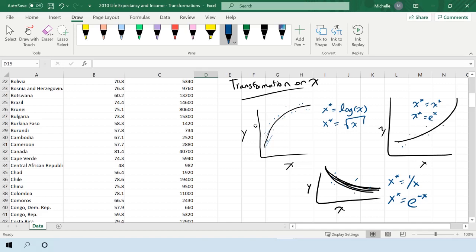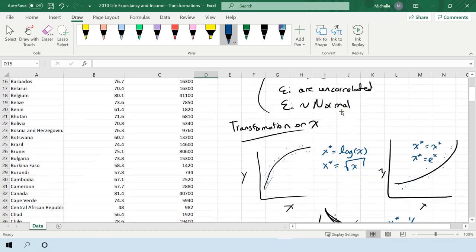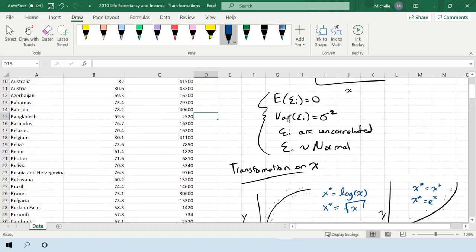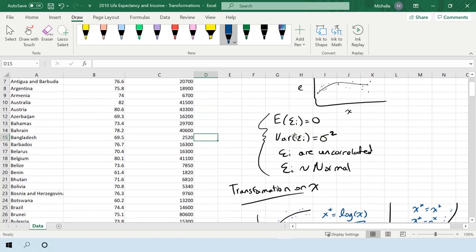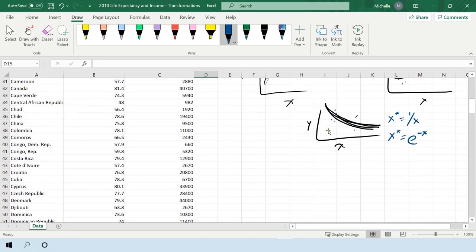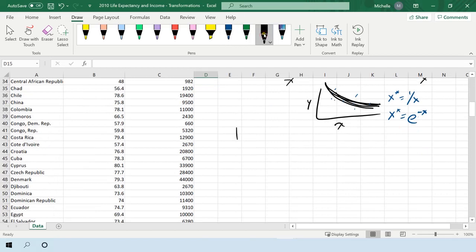Now, a transformation on y is for when you think there might be a problem with the constant variance assumption.